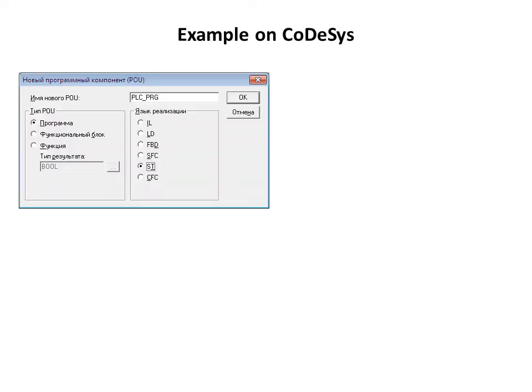So first we create a new project where we select the type of POU as program. Then we need to select the language in which we will write our program. So it will be the ST language.